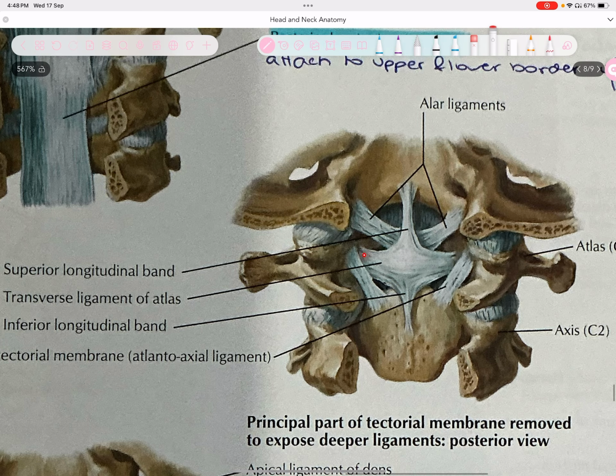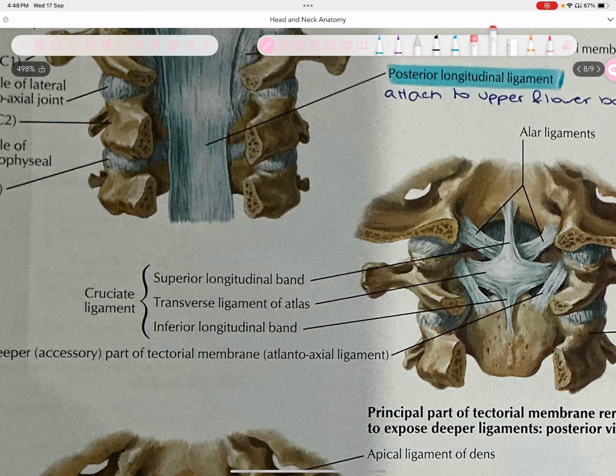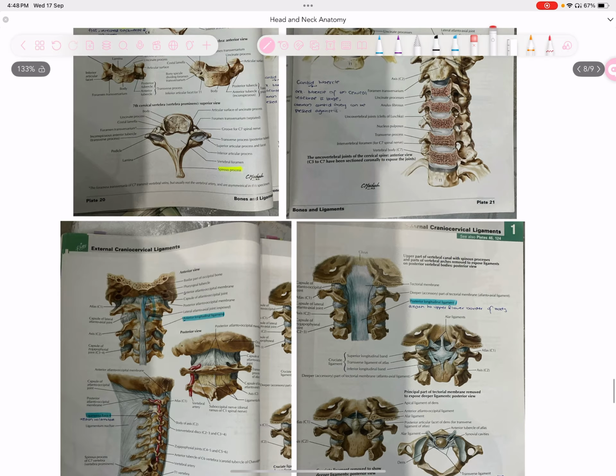So this is going to attach on the tubercle on the medial side of the lateral mass. Now moving on, they're saying here that the anterior surface of the lateral mass gives origin to the rectus capitis anterior. So that's a muscle which gets attachment on the lateral mass anterior surface. The transverse process gives origin to a lot of other muscles, and that's pretty much it about the osteology.